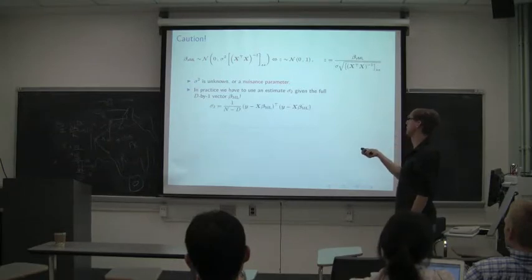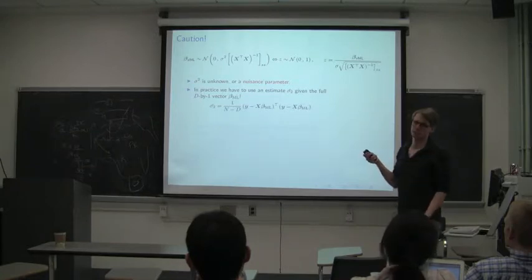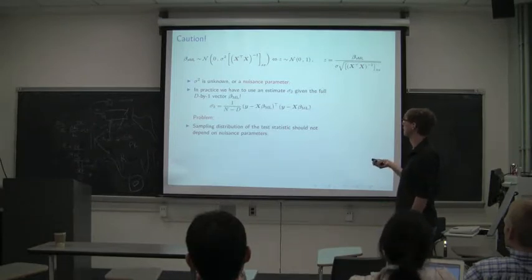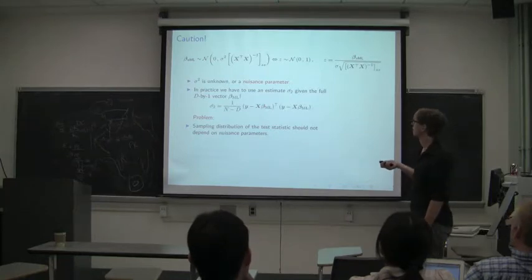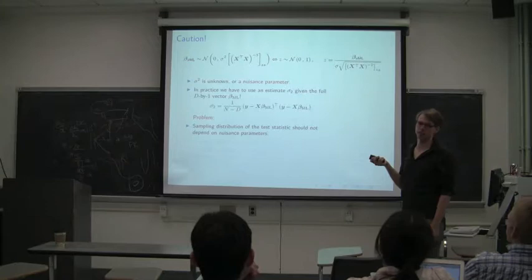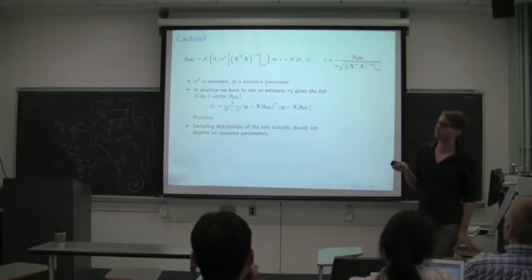Now we can plug this into this distribution, which is possible to do, but not ideal. The problem is that the sampling distribution should not depend on nuisance parameters. So if we plug this in, this Gaussian is not really correct.